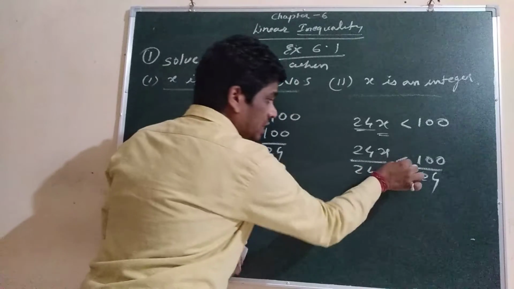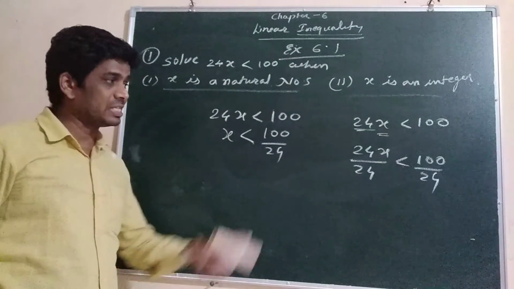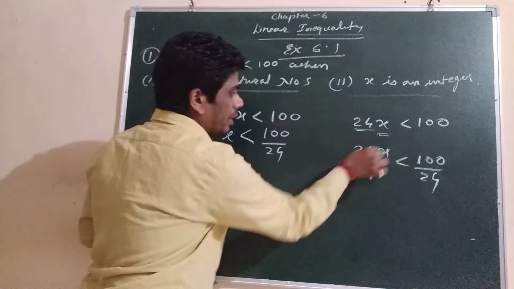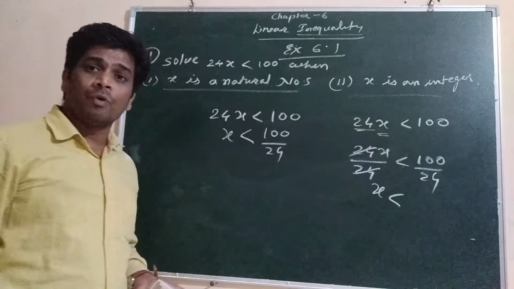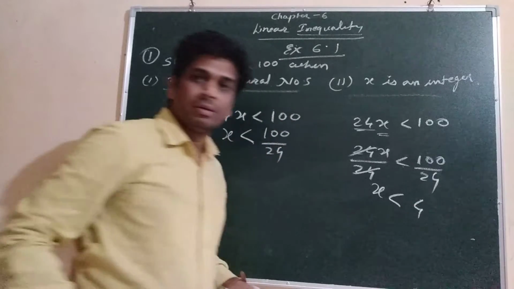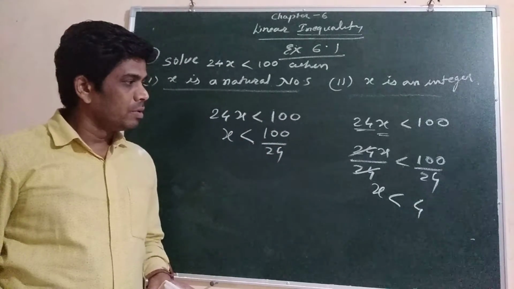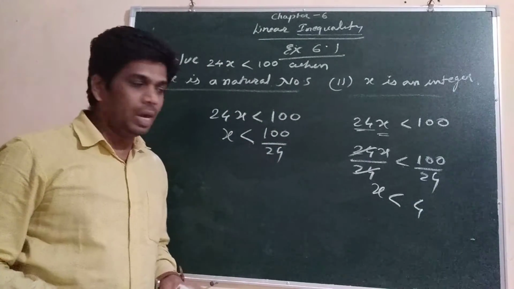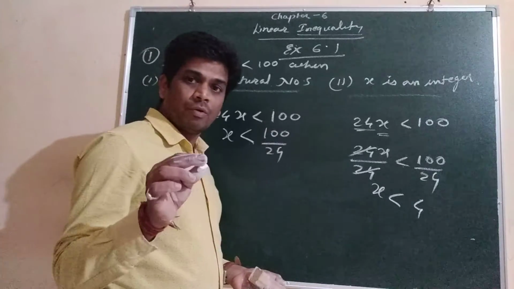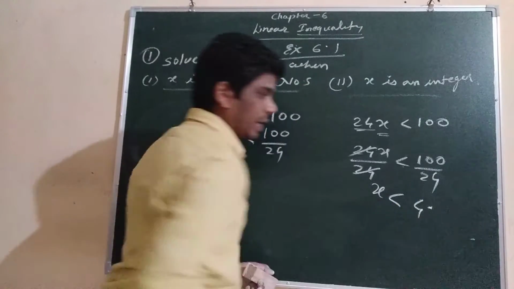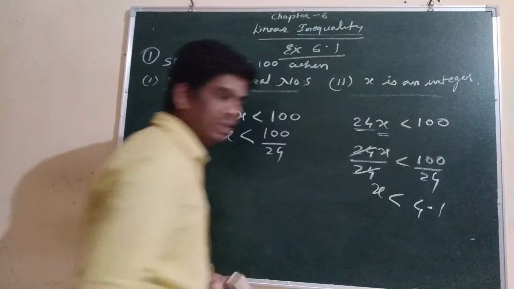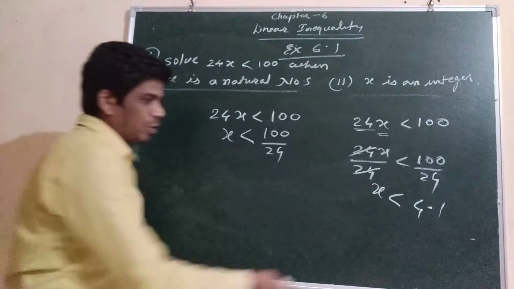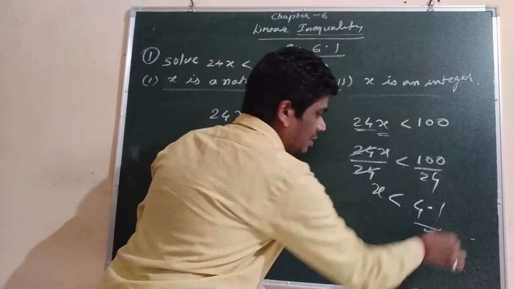Still the symbol will be less than only. 24 will be cancelled, so x is less than 100 upon 24. 24 fours are 96, 4 will remain, 40, decimal will be written here. Now 24 ones are 24, so we got approximately x is less than 4 point something, about 4.1.